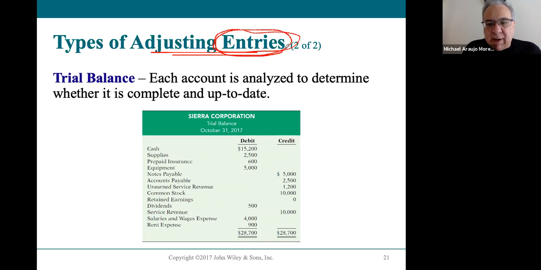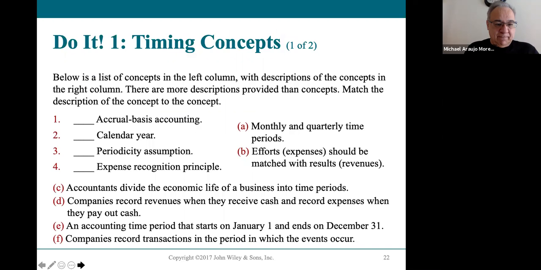This is where chapter 3 comes back, right? Everything you put into the journal travels to the ledger, which means that some accounts are going to have changes in their balances after the adjusting process is done. And that's going to be the focus of learning objective 4. And that's our introduction to objective 1 here.